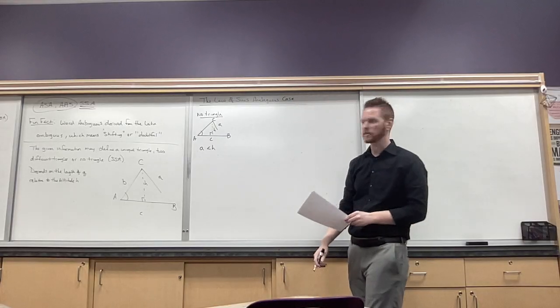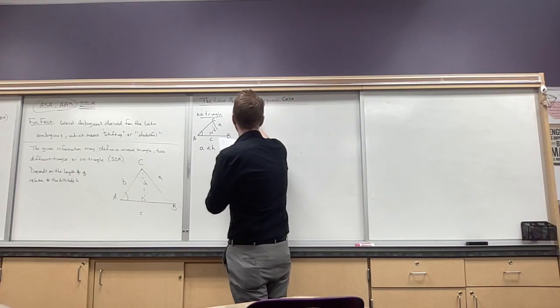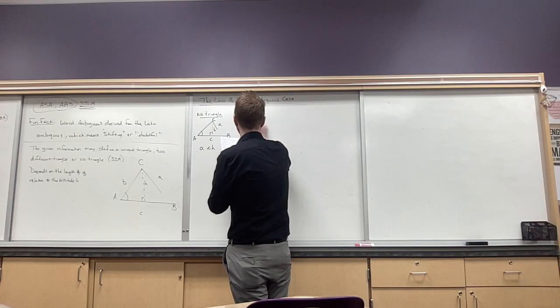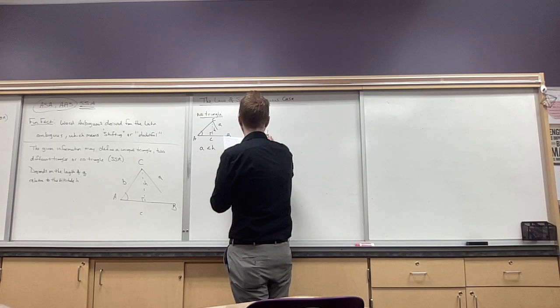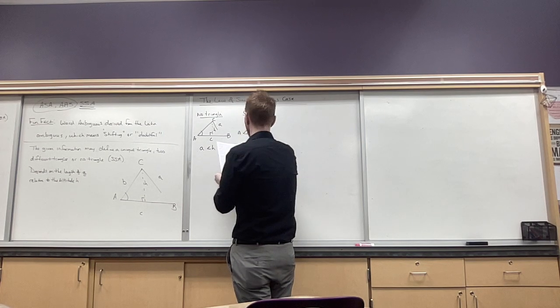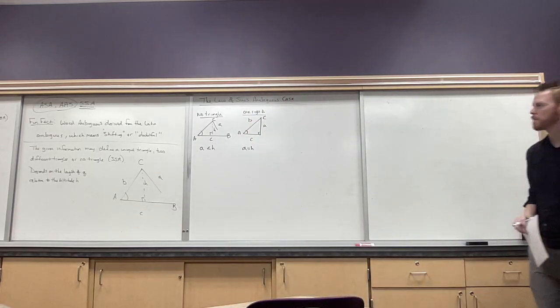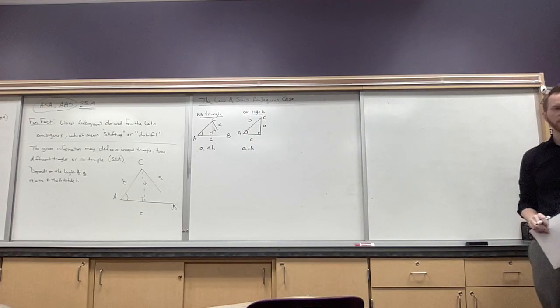So therefore, no triangle exists. We could have one right triangle, which would look like this. And that's when the altitude and that side are a perfect match. So we have a right triangle.